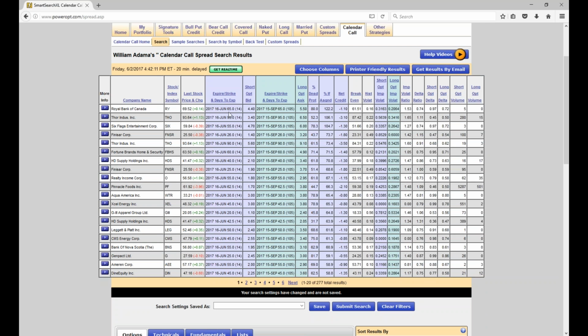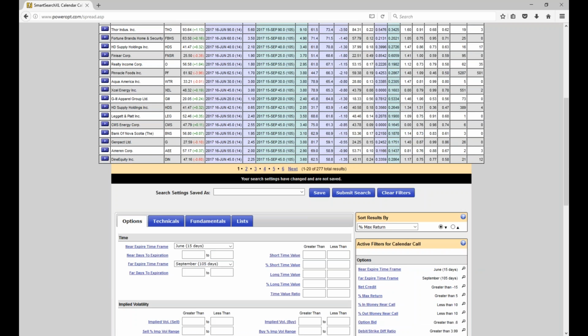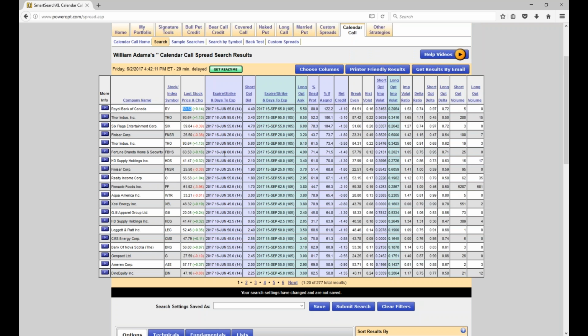All right, and so now we see positions, same strike, but we're selling a June 14 days out and buying a September. I don't like this one because the stock's at 69.52, so it did sort of a bearish bias. It did the 65s. I probably prefer to do the 70s. So going through this list, I feel most of these are kind of at the money, but some of them are slightly in the money.